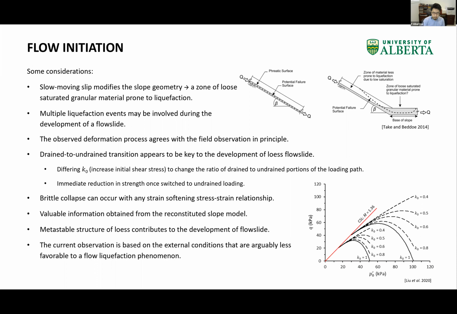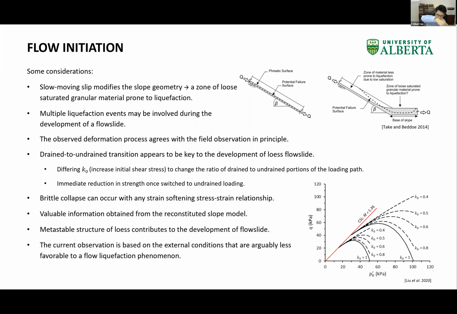As I've mentioned, the intact soil is likely to be more favorable and more susceptible to static liquefaction, should the condition remain the same. And so the current observation of the external condition is, as I've mentioned, less favorable to flow liquefaction. Also, I want to emphasize the Coriolis effect in the centrifuge modeling.